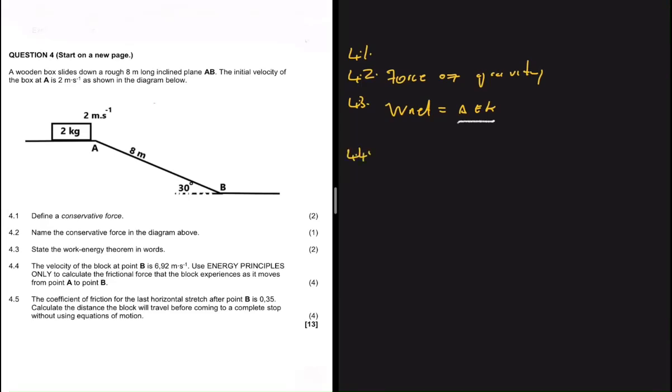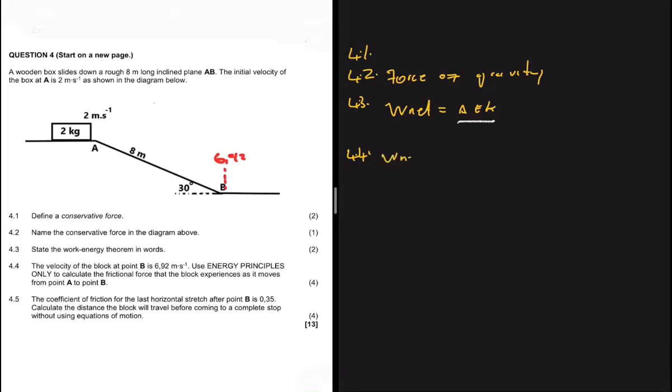4.4. So 4.4 says that the velocity of the block at point B is 6.92 meters per second. So at this point we have 6.92 meters per second, right, at point B. And then the question goes on to say use energy principles only to calculate the frictional force that the block experiences as it moves from point A to point B. So when the question says let's use energy principles, there are two equations we can use.